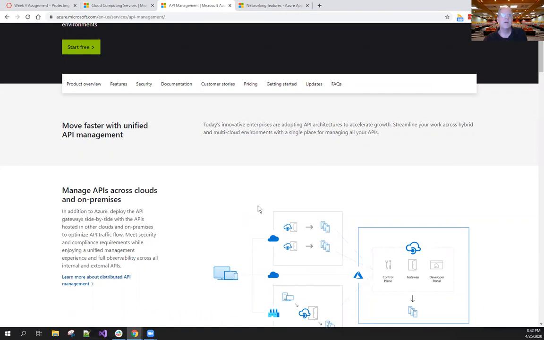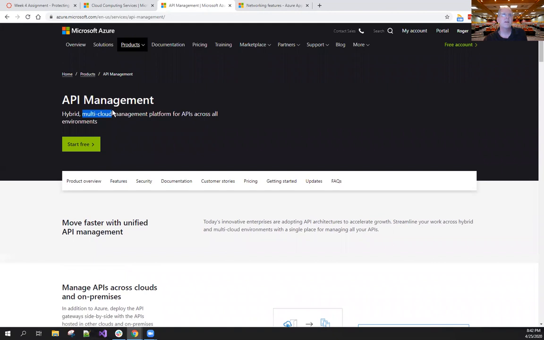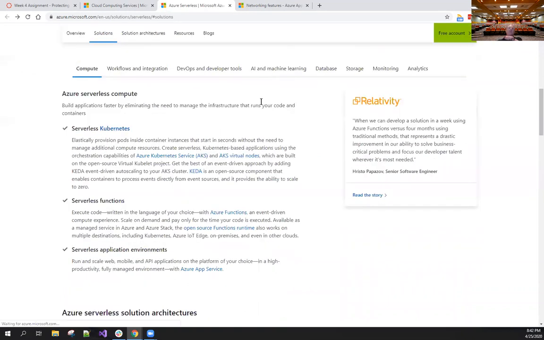So this is quite cool, multi-cloud management. We didn't even look into that in Amazon. Well, it's not really pertinent with our architecture, but it's kind of interesting. And this has some cool stuff in here.